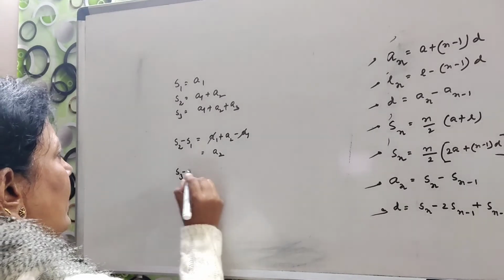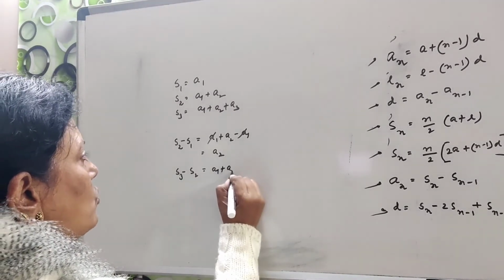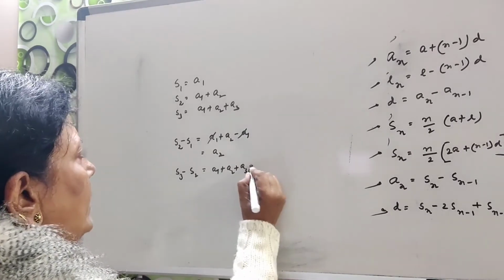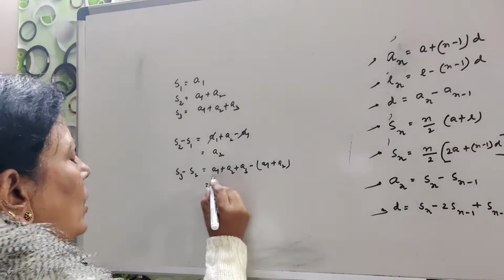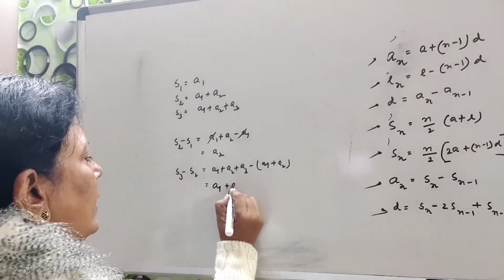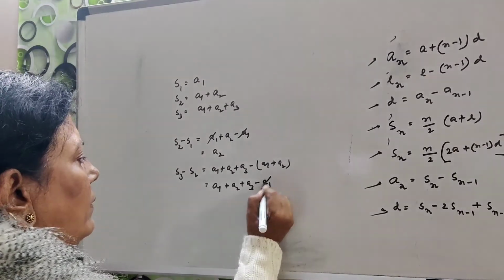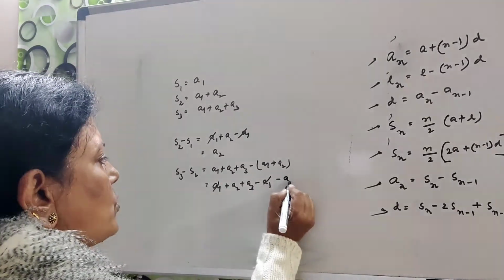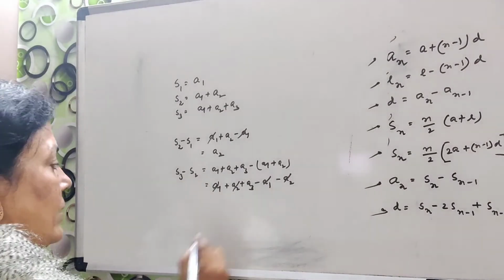Similarly, S3 minus S2 is A1 plus A2 plus A3 minus (A1 plus A2), so S3 minus S2 is equal to A3.